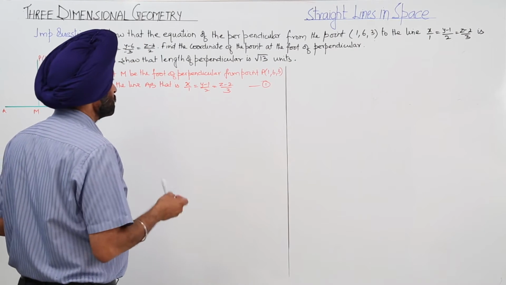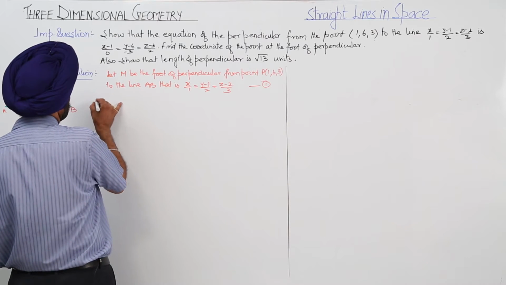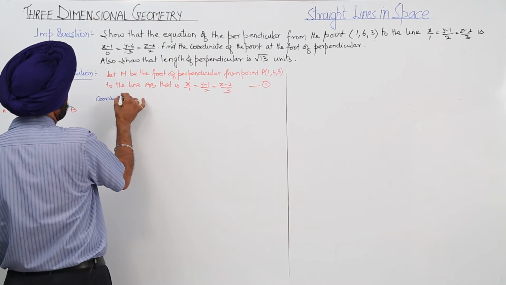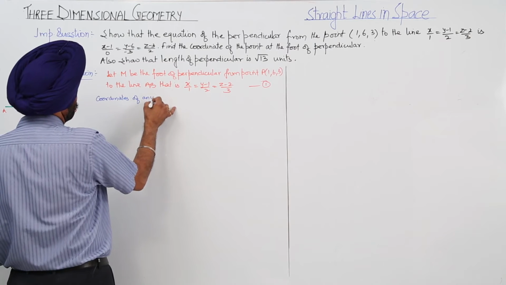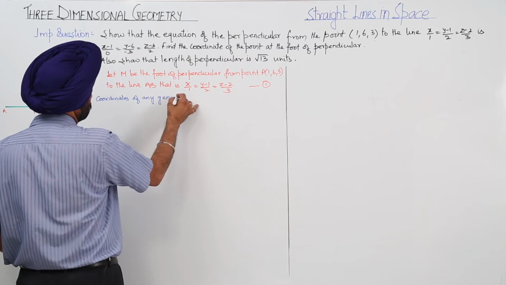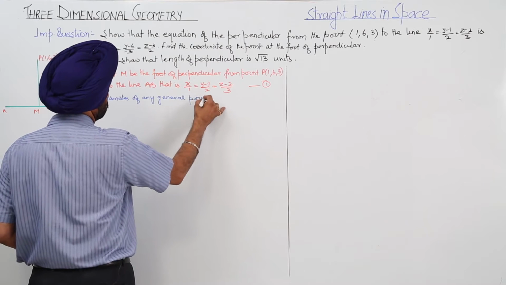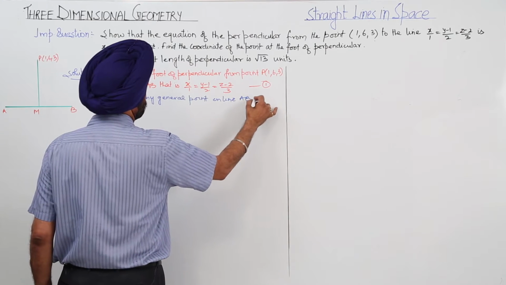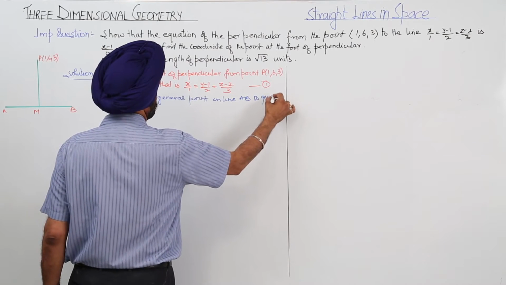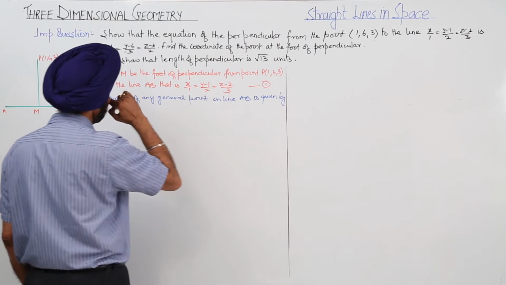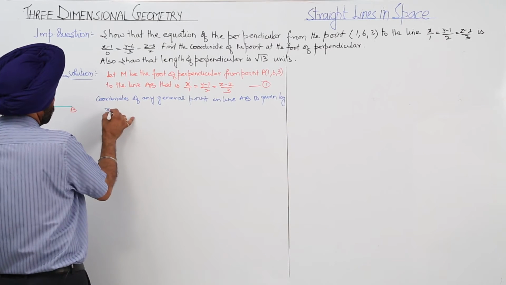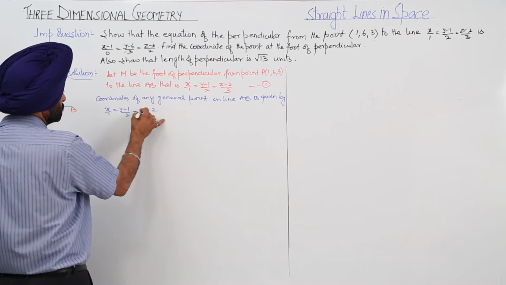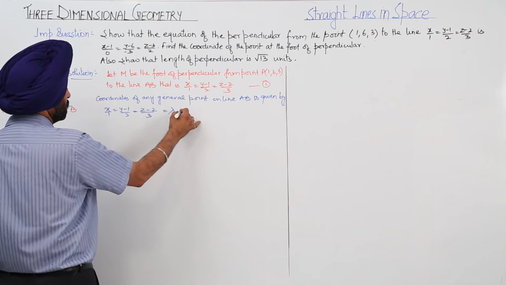Now coordinates of any general point on line AB is given by x upon 1 is equal to y minus 1 upon 2 is equal to z minus 2 upon 3 is equal to lambda.